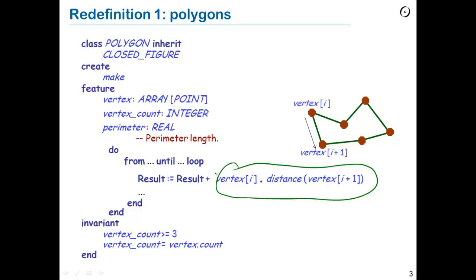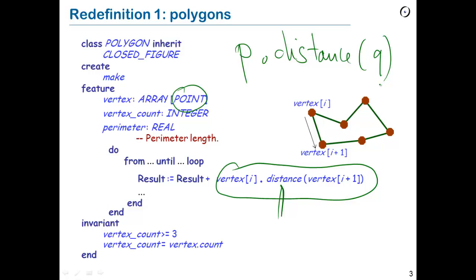Vertex of I dot distance to a vertex of I plus 1, with a function distance that should be applicable to points, giving us the distance from a point P to a point Q. Well, that's how we compute the perimeter of a polygon if we know nothing special about the polygon. It's just a general polygon, so there's no better way of computing its perimeter than to go around and compute the successive distances as we have seen.